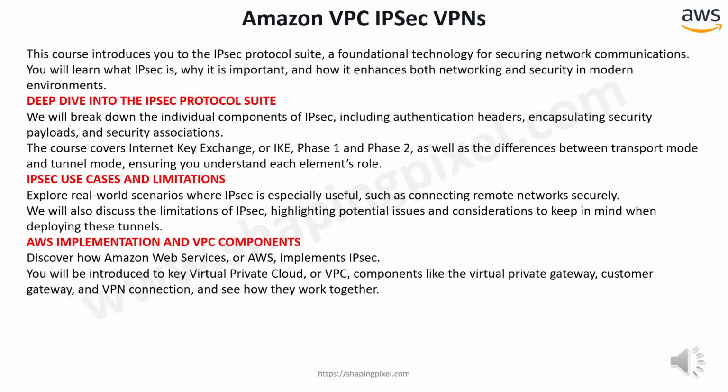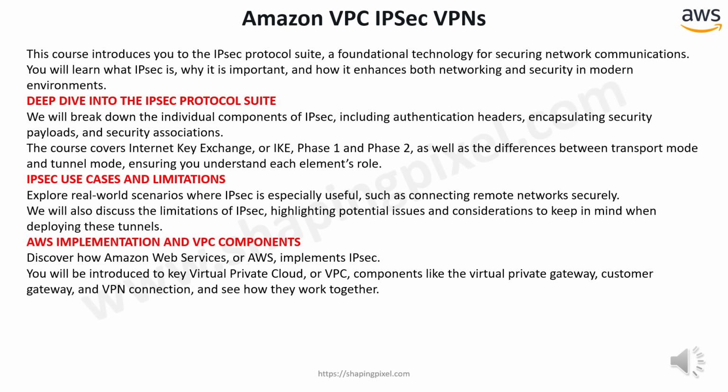IPsec, which stands for Internet Protocol Security, is a framework of protocols that ensures data confidentiality, integrity, and authentication as it moves across networks. It operates at the network layer, making it transparent to applications and requiring no changes to your software. To connect your network to AWS, you deploy a virtual private gateway on the AWS side and a customer gateway on your side.